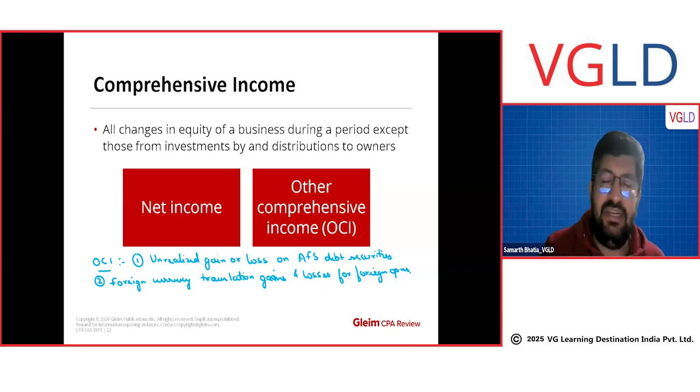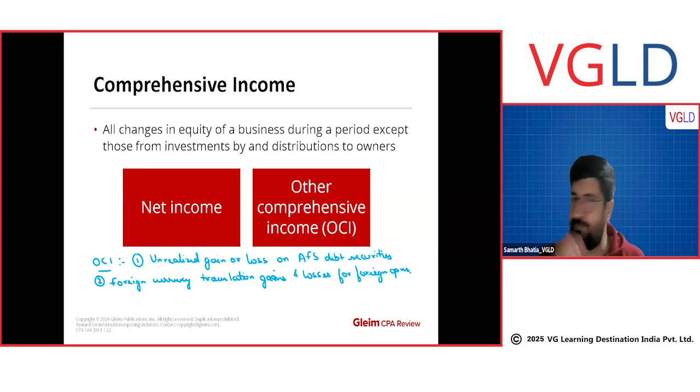So when we make the payment, the dollar rate is higher, so ultimately there is a loss to us and it will be recorded in the income statement. But here we are not talking about a transaction; we are talking about a translation, translating the financial statement from one currency into another. That is known as a foreign currency translation gain or loss.